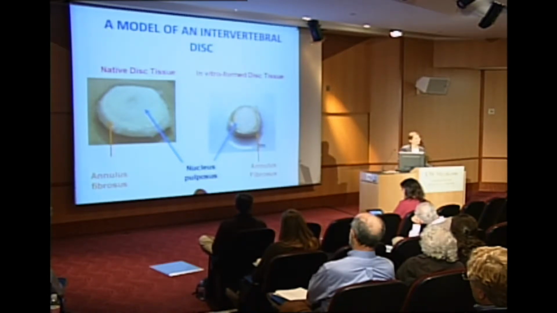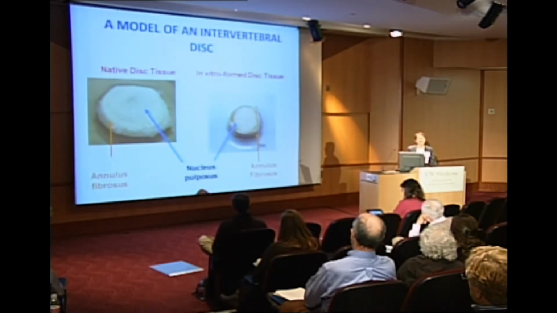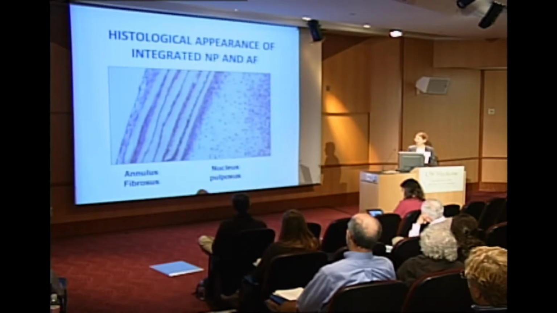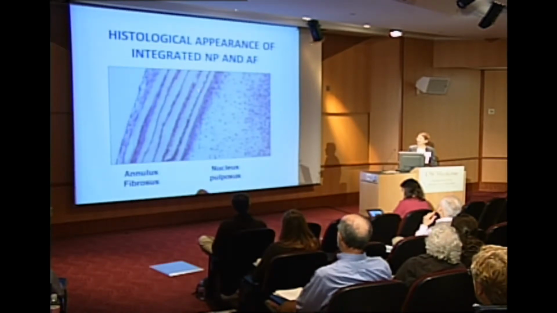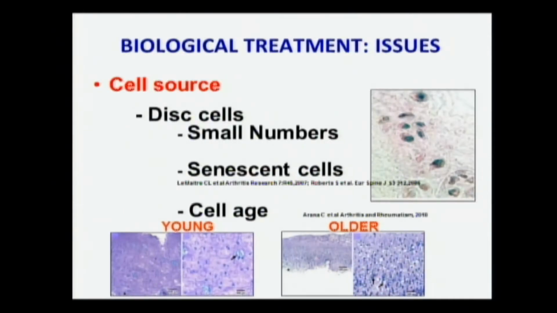So we have a model, we think, of an intervertebral disc and bone substitute, which we think is ready to try in vivo in an animal model. And this is just to show you the nucleus pulposus tissue, the layers of the annulus, and they're really integrating very nicely.